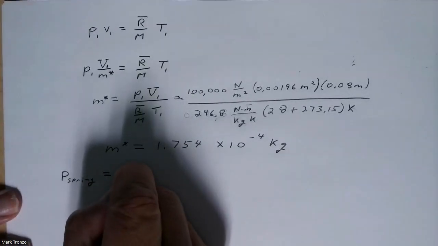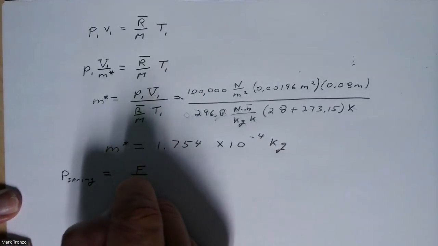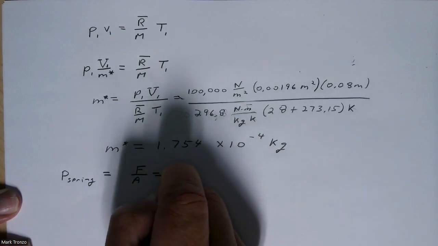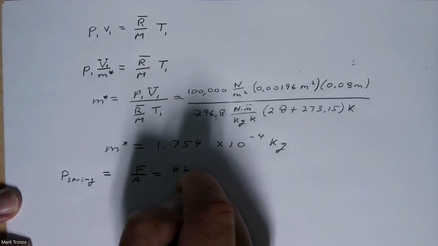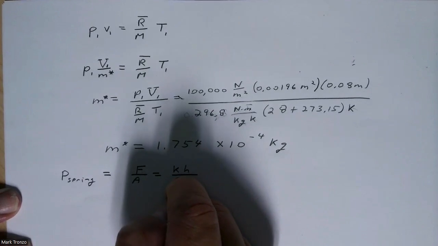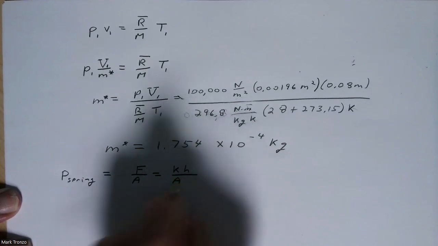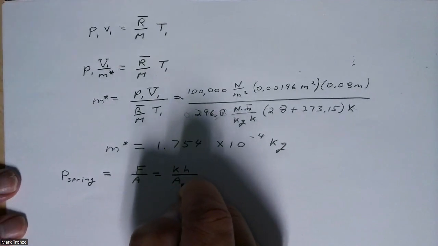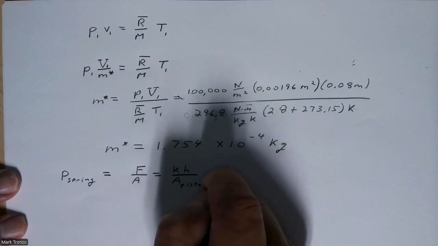This is going to end up being force divided by area. Now, the force from the spring is going to be K times the height that it was compressed, and divided by the area of the piston, because that's the area that it's distributed over. Let me write that like this.